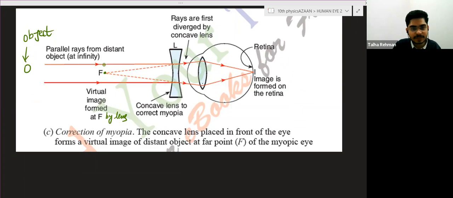At F there will be the image. This is the image of this object. Now this image will behave as an object for the eye lens, the convex eye lens.